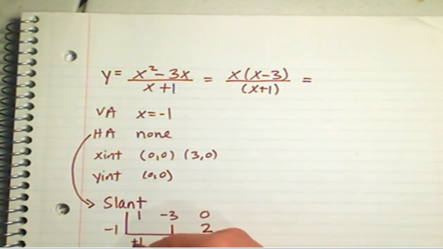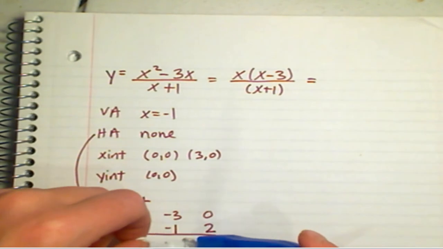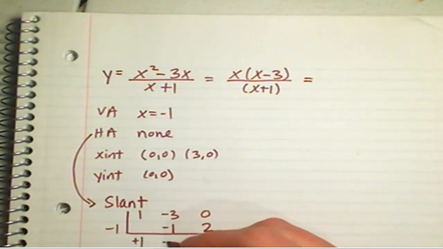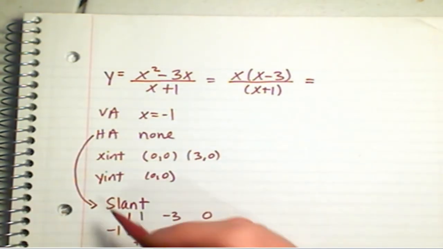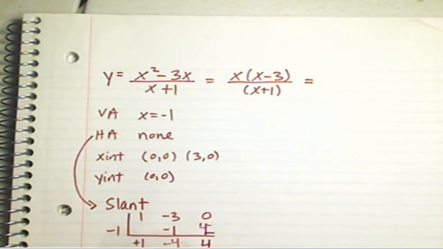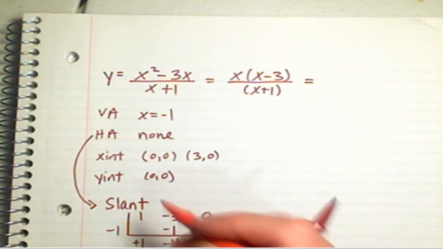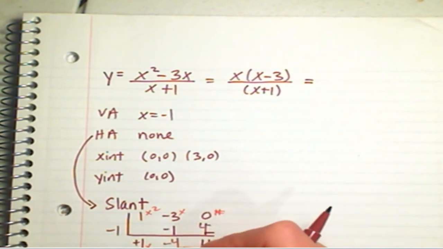Oh, sorry. Let's fix that. Okay. Positive 4, 4. Okay. So y equals x squared, x number, so x number remainder.